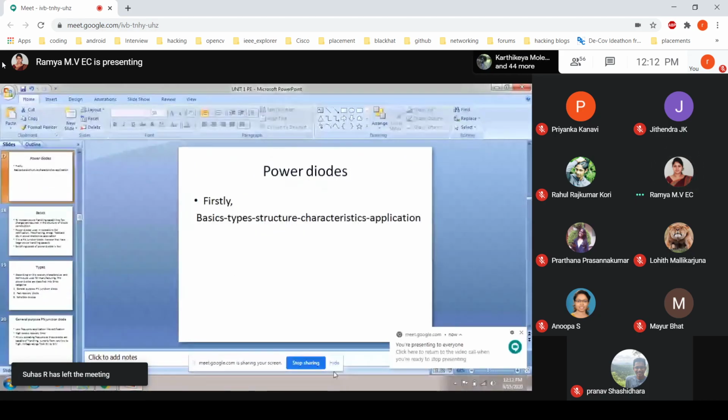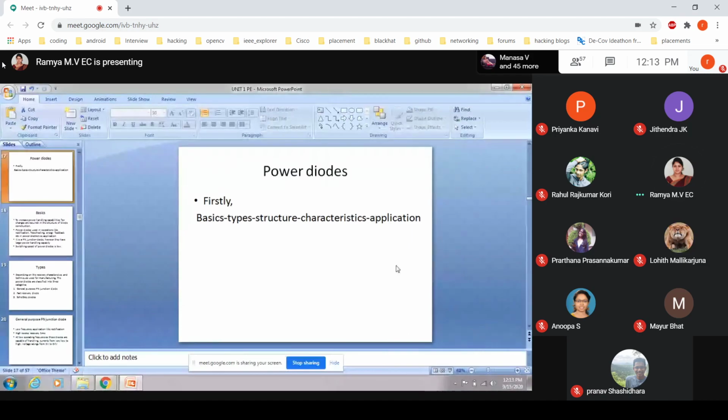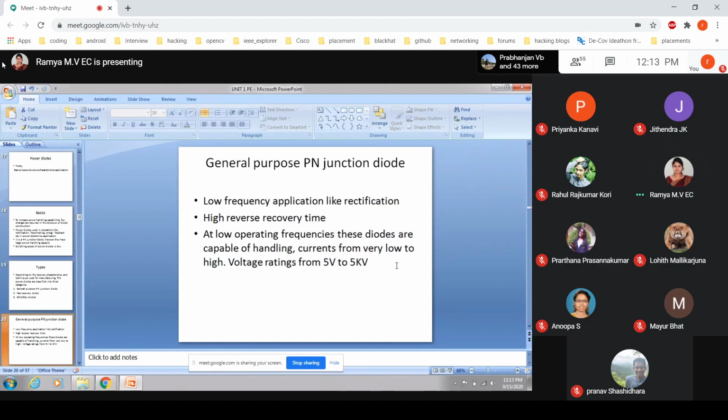So the first power devices we discussed are the power diodes. Okay, so how is it different from a normal conventional diode? In a normal conventional diode, the knee voltage will be 0.6 to 0.7 volts if it is a silicon diode, and if it is germanium, it is 0.3 volts. But in power diodes, we will have a knee voltage of around 1 volt. Okay, so that is the basic difference.